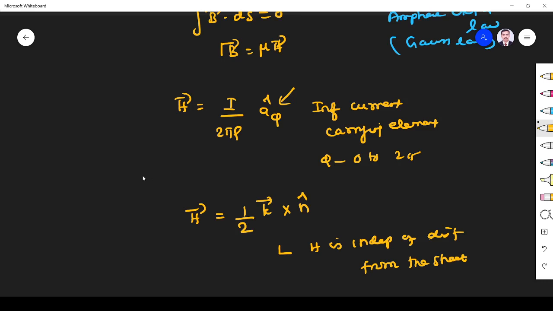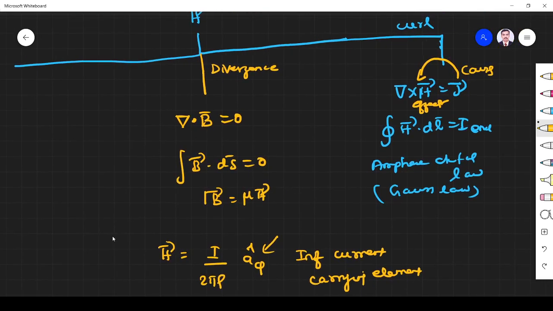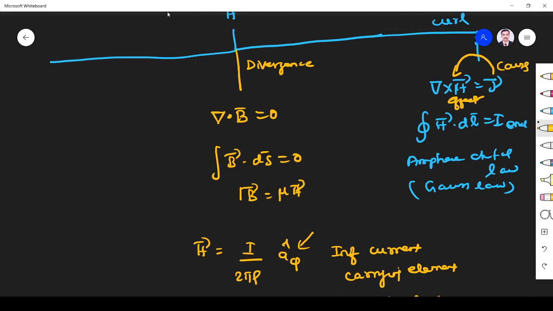Okay. Next, gradient. Like gradient, we have to go this side. Here what we learn is that we have to create potential. So you see H vector is equal to minus del V, magnetic potential. E is equal to minus del V, H is equal to minus del V. This relates scalar and vector.